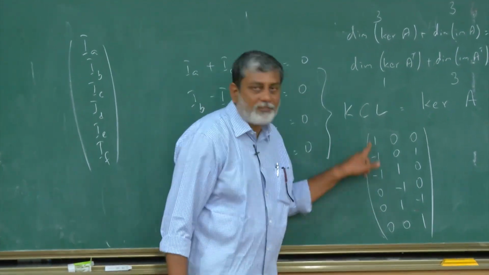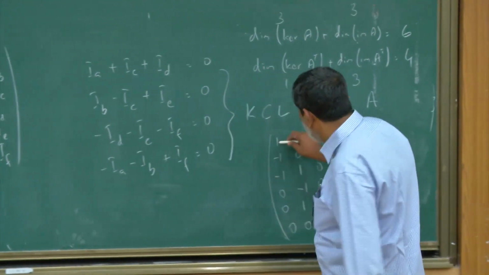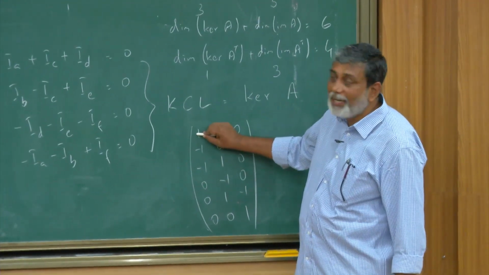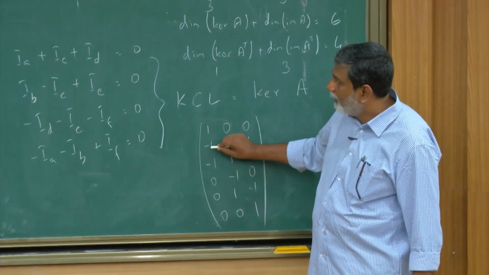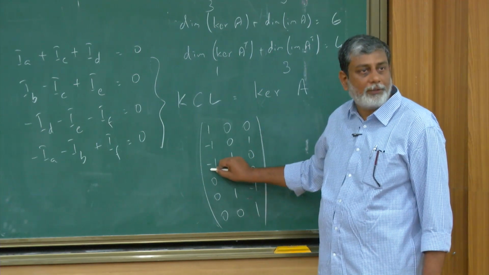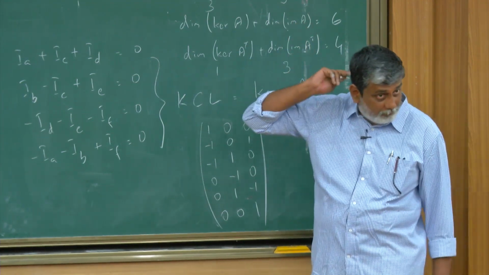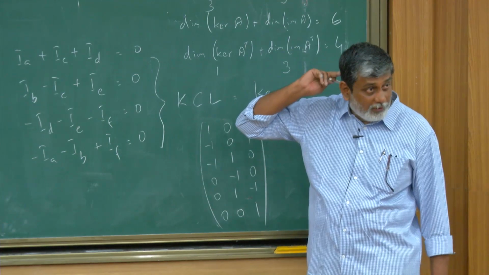You look at this first vector. What are the variables involved here? IA, IB, and IC. Look at the graph. What does IA, IB, and IC tell you?